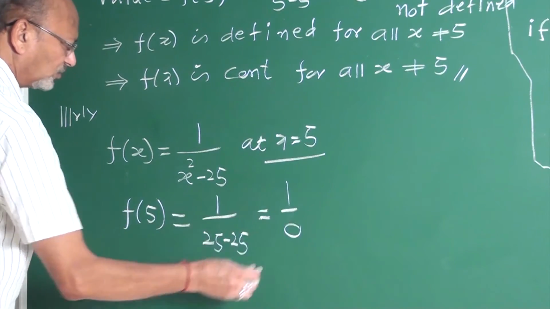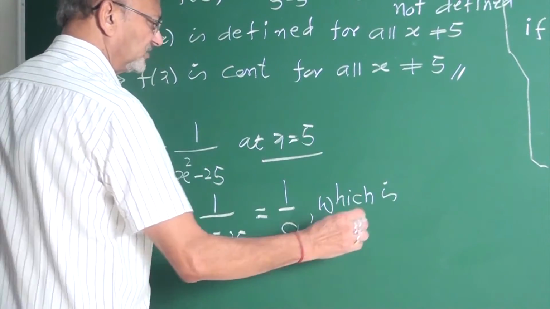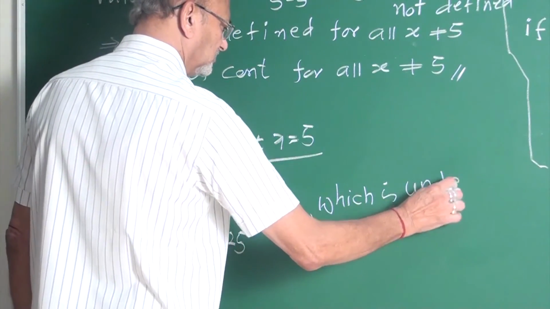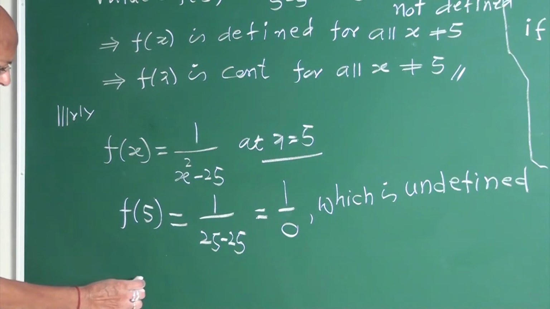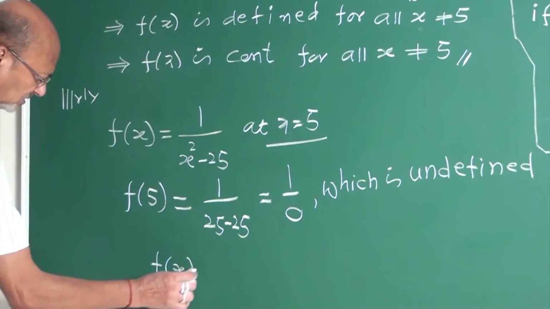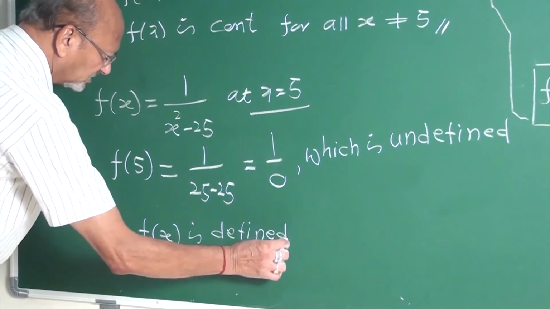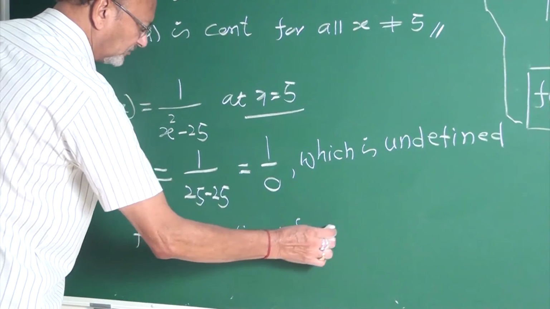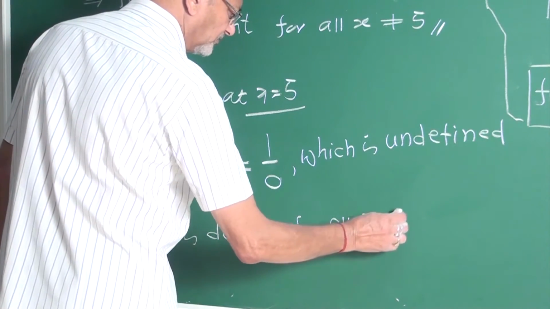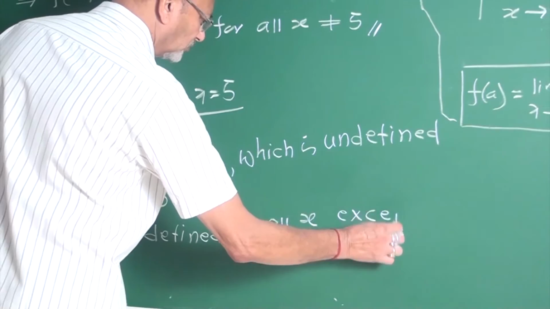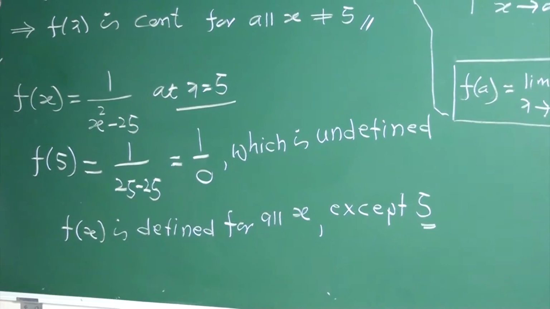It is 1 by 0, which is undefined. From this, f(x) is defined for all x except 5, or we can write not equal to 5. Other than this, in the remaining it is defined.